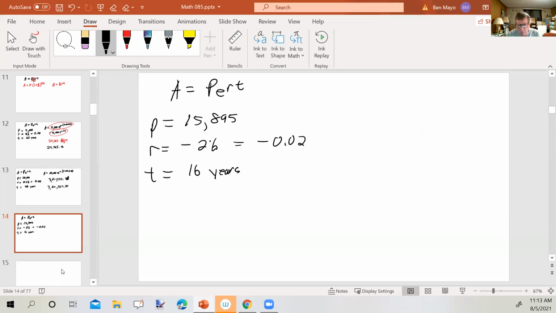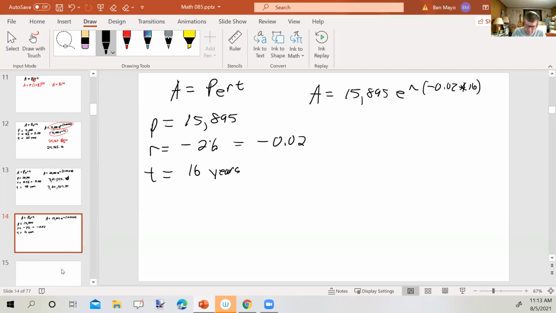R is the growth rate. It's negative. So this is a population that's actually going to shrink or decay. Our answer, A, should be smaller than P. Let's see what happens. A equals 15,895 e to the negative 0.02 times 16.